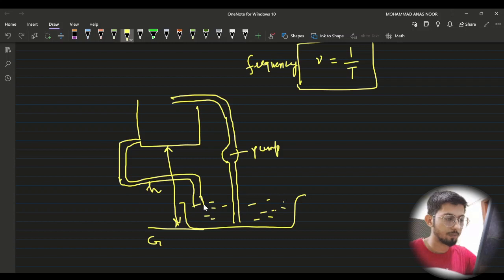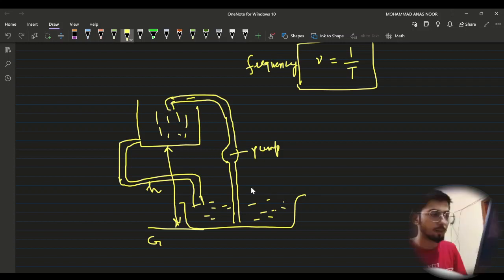So this process cannot continue on its own, like the process of filling of water here and then coming to the ground, because you need something here to push water again to the top. So that's what the pump does.